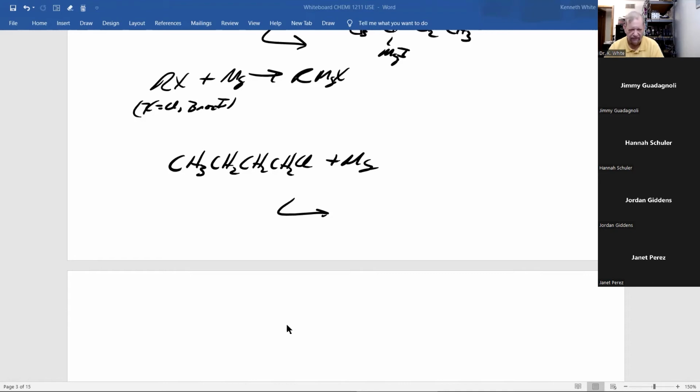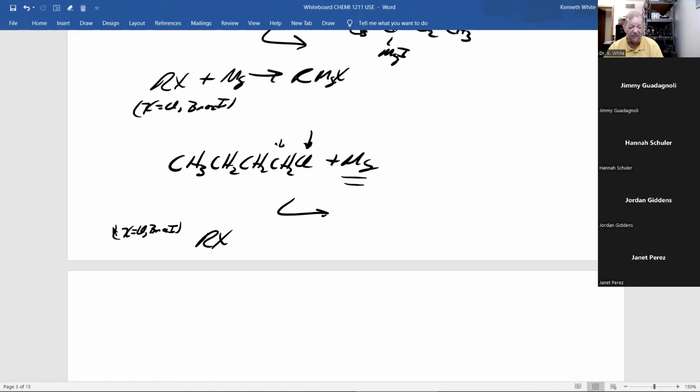Let's get to work. We look at this, we look at what's different, what's not carbon, what's not hydrogen, what's not a carbon-carbon single bond. Ooh, a halogen on a carbon, that's an alkyl halide, where X can be chlorine, which it is, bromine, or iodine.